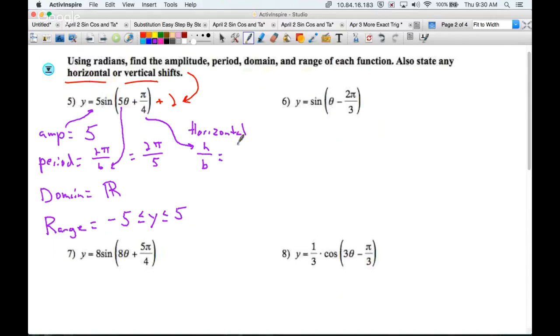So this is now negative pi over 4 divided by 5, which equals negative 5 pi over 4. Or we could say it is shifted left 5 pi over 4 radians.